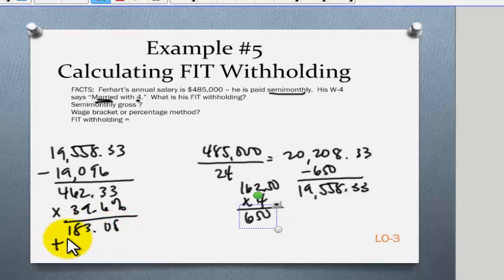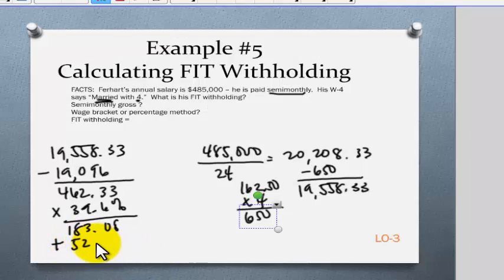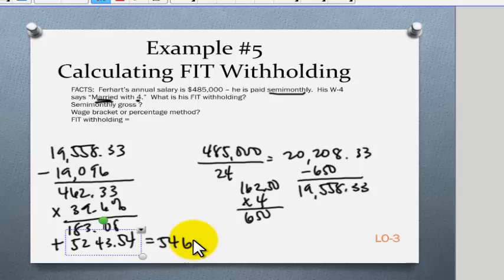And then we're going to add to that this 5,243.54 part. And if you add those two together, you should get 5,426.62. Okay, and that is how you calculate federal income tax.